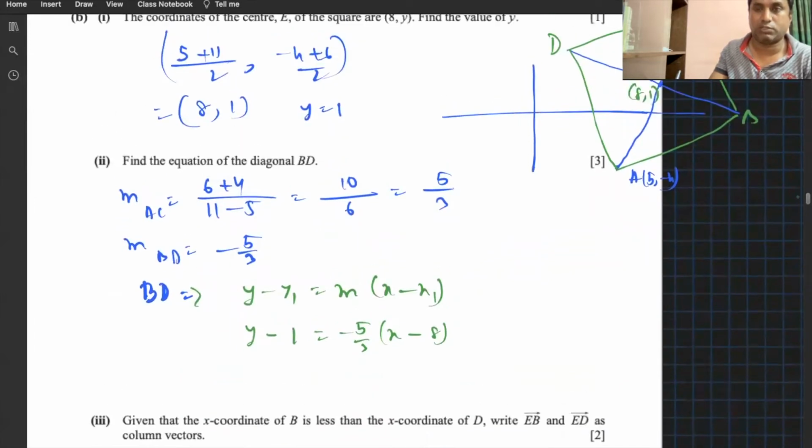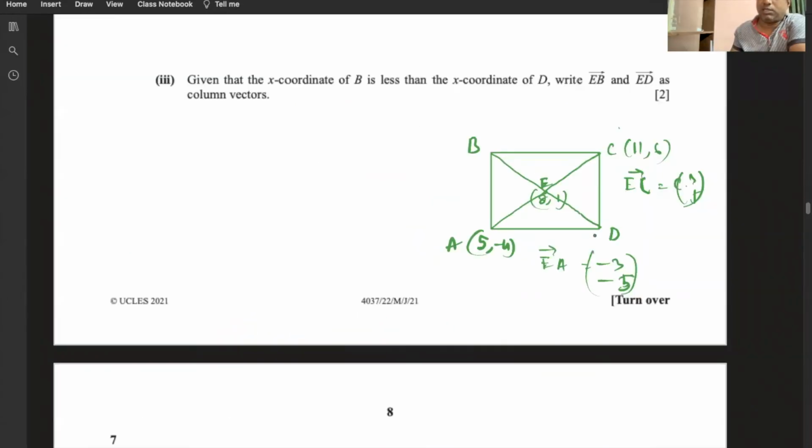Now given that the x coordinate of B is less than D. We are going to find out A, B, C, D. A's coordinates is (5, minus 4), E's coordinates is (8, 1), and C's coordinates is (11, 6).